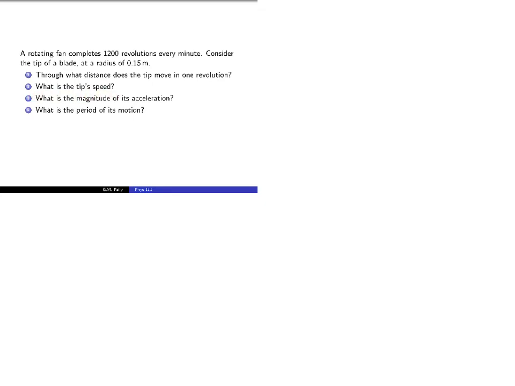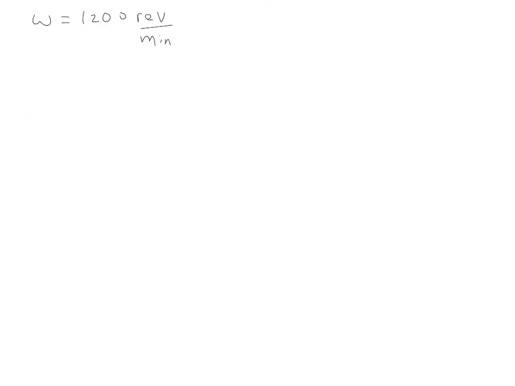Second question, what is the tip speed? We know that v is equal to omega r, but to properly answer this, we need to convert omega from revolutions per minute into radians per second. Currently we have that omega is 1200 revolutions per minute.